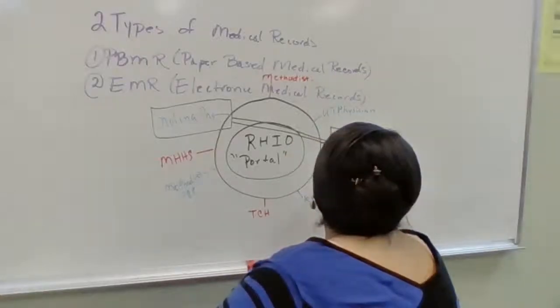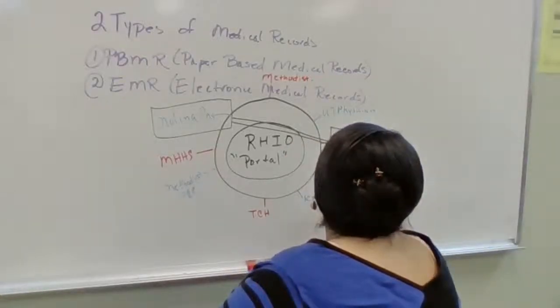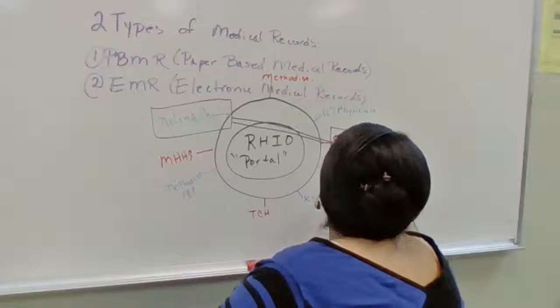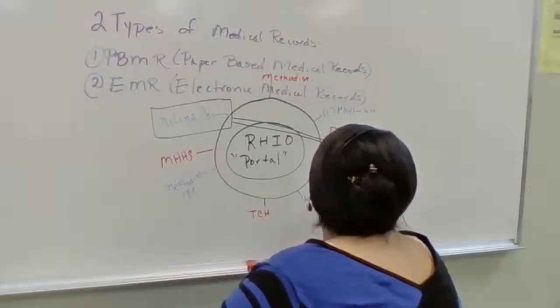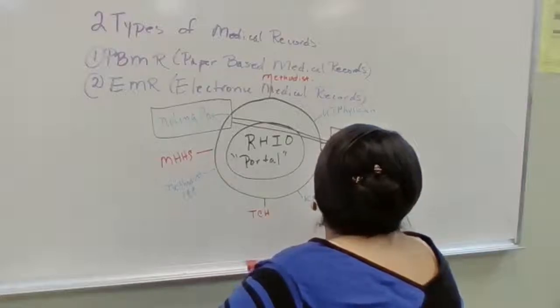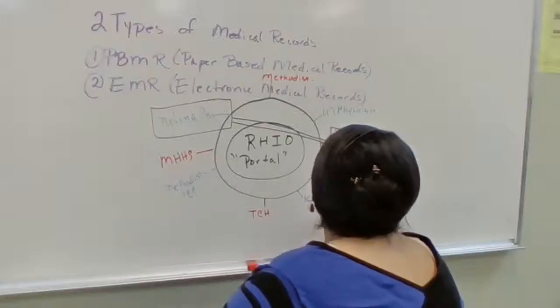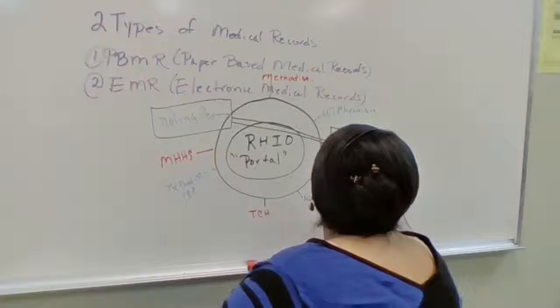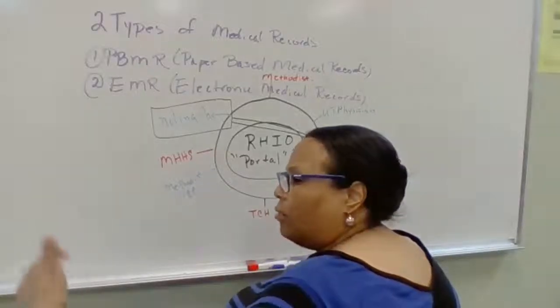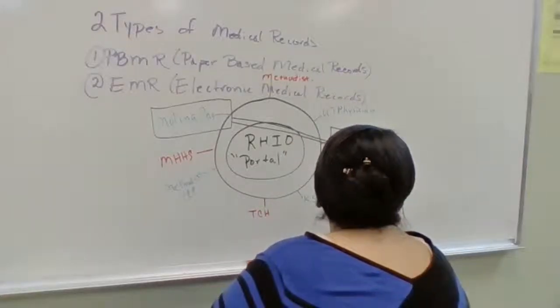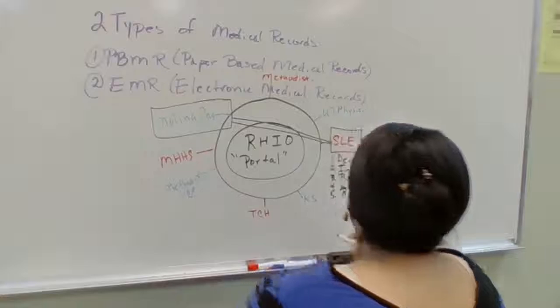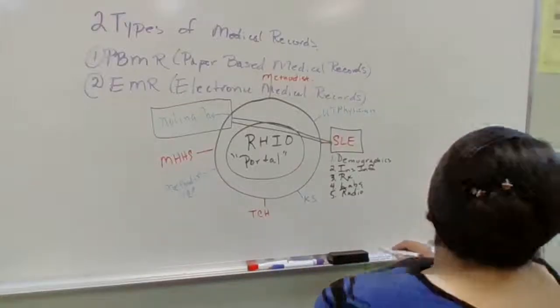What else? Insurance. You said some prescriptions. What else? Some labs. Some radiology: echocardiograms, MRIs, CT scans. So some of that is going to come through.